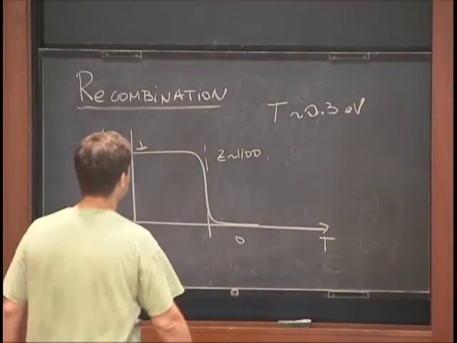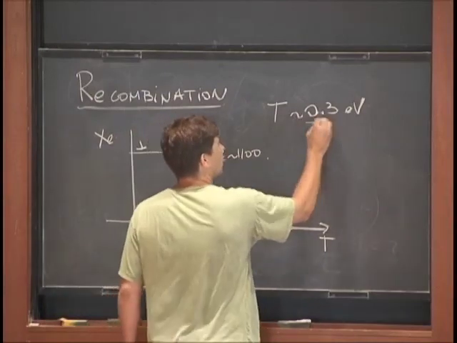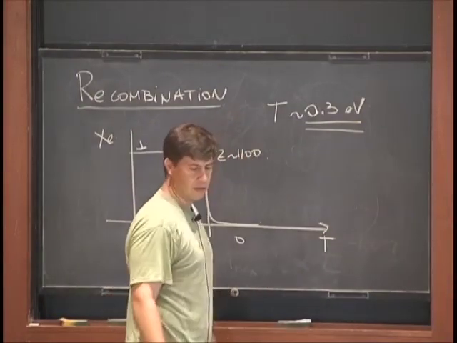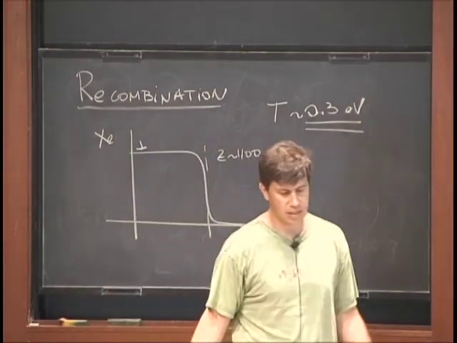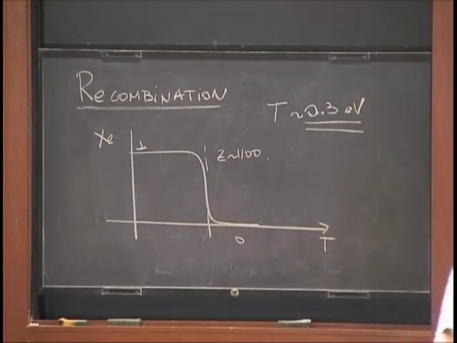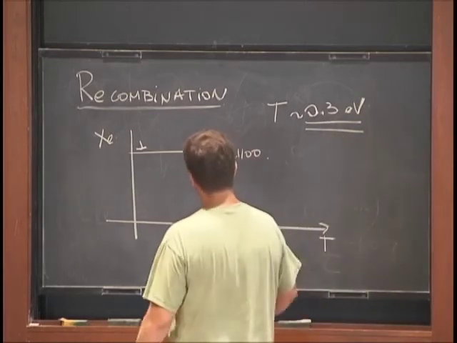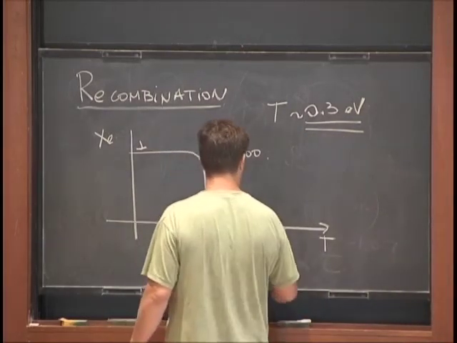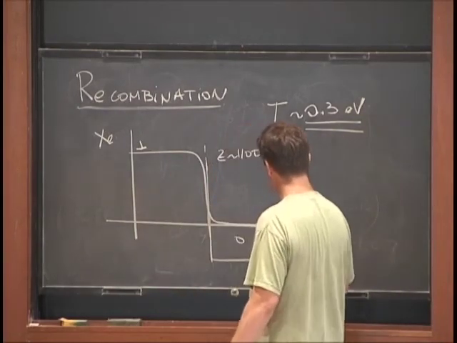The other thing to note is that this is a temperature much, much below the mass of the electron. So this means that when we talk about the scattering of electrons and these photons, we can just use Thomson scattering. So at this time, hydrogen is neutral.